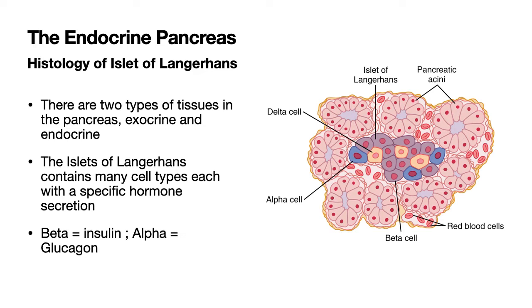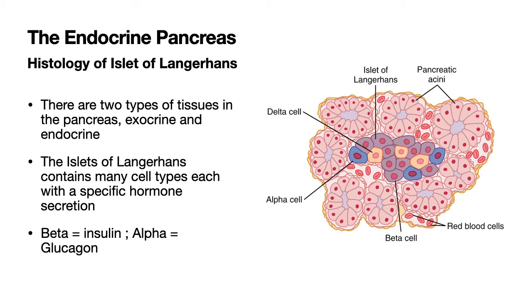But here in our discussion in endocrinology, we are more concerned with the endocrine pancreas, which is a particular set of tissues which in general we call the islet of Langerhans. So here in the image on the right, the islet of Langerhans is in the middle. And that is composed of beta cells, which are the major population of cells in the islet.